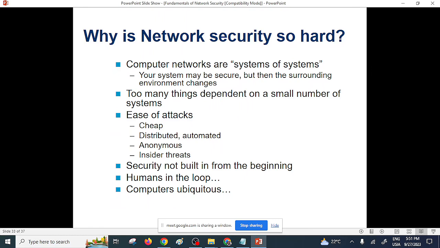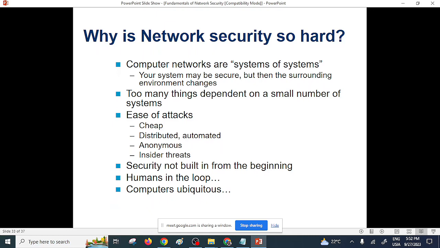So why is it hard to understand or to actually implement security in a network? Of course, it's hard. It's not like just implementing security within a single computer, right? So one is that a network comprises interconnected systems of systems, right? As they are mentioning here, your system can be secure, but what about the other connected devices?